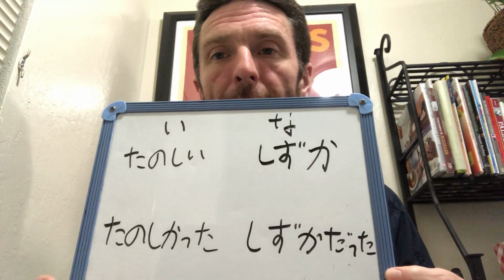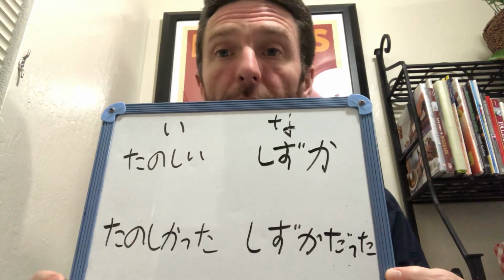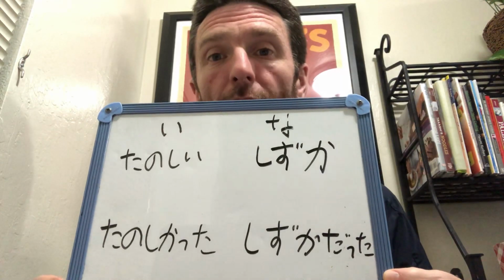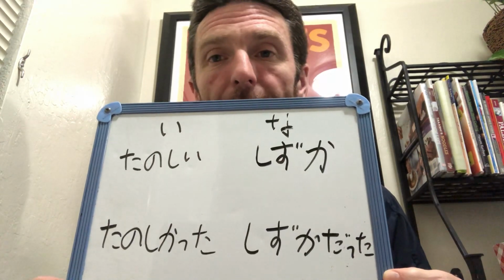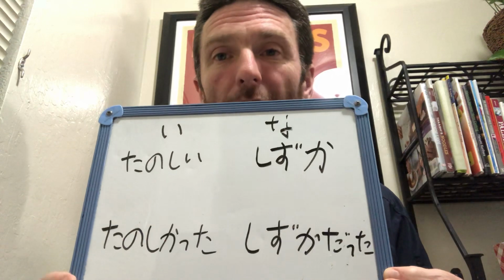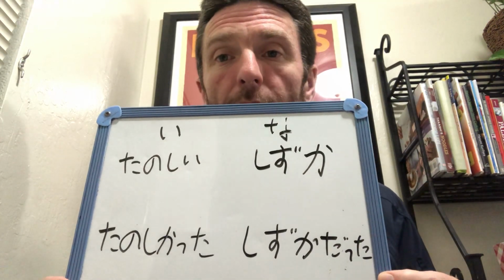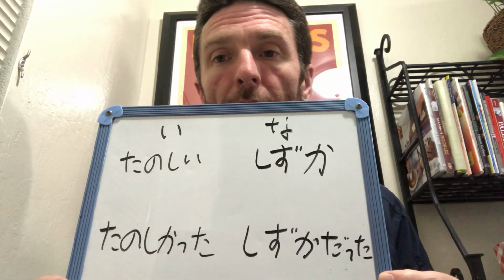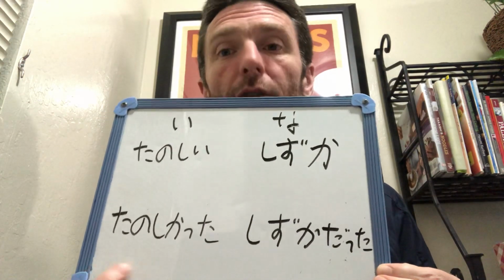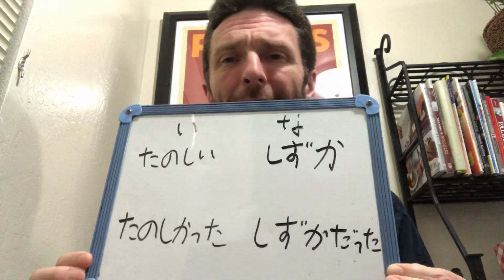So we can use this just for informal speech, shizuka datta, or tanoshikatta. That makes it informal. Or in this case, we're going to add ri on the end, and so it can be tanoshikatta ri. Okay, so what does this tari tari desu mean?